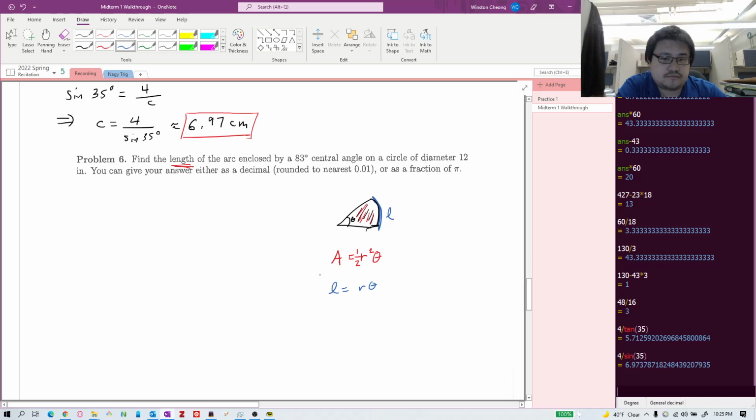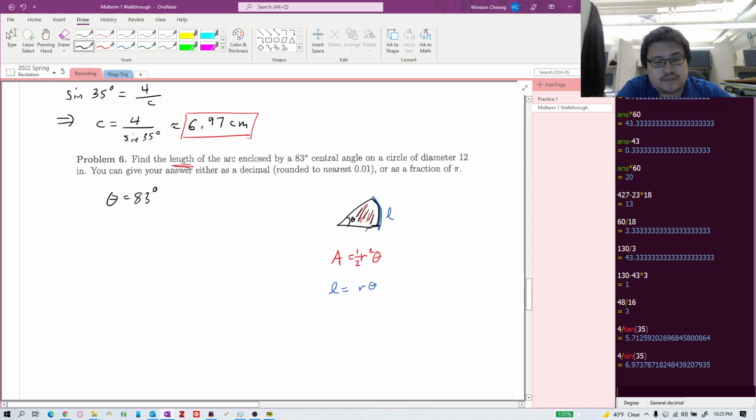Right, so on the practice, you would have worked with the formula in red, but for this problem on the midterm exam, you were supposed to use the formula in blue. We have 83 degrees as our central angle, so theta is 83 degrees.